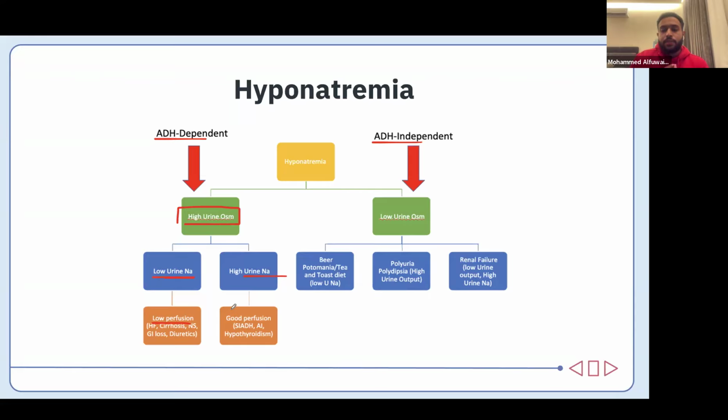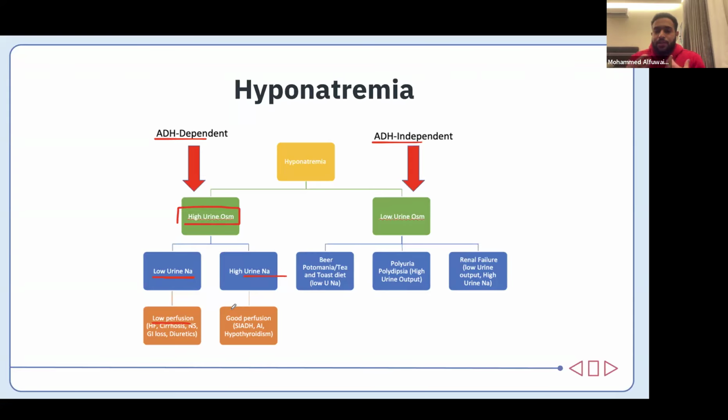If you look into a well-perfused kidney, where the kidney is getting a good amount of blood supply, will RAS be activated? Will you need RAS? Yes or no? No, okay, it's perfused normally. So why is there ADH? You have SIADH.